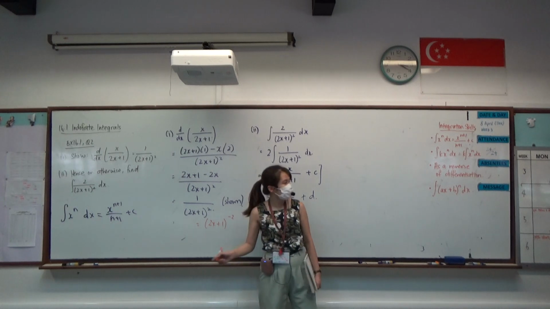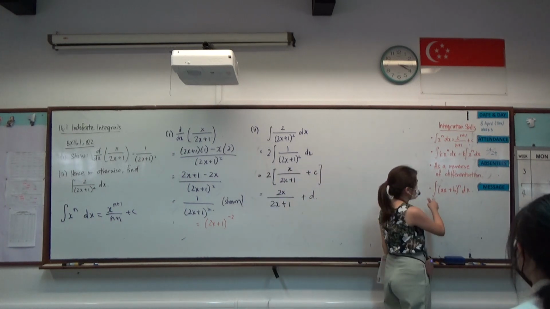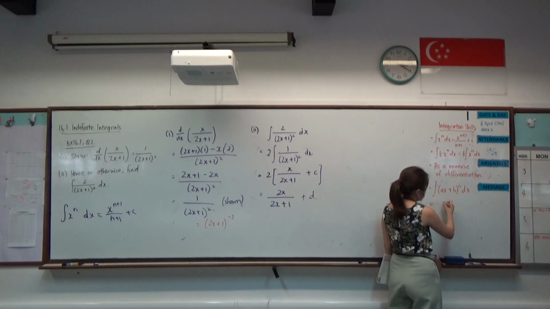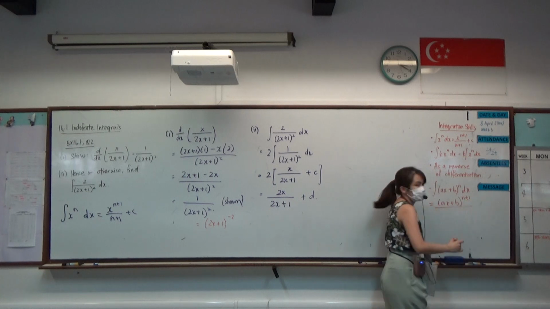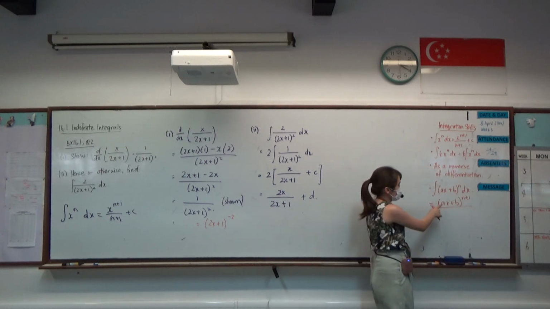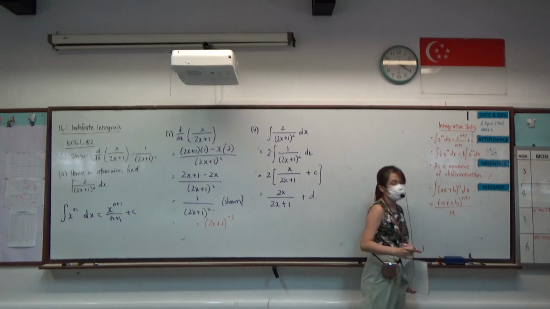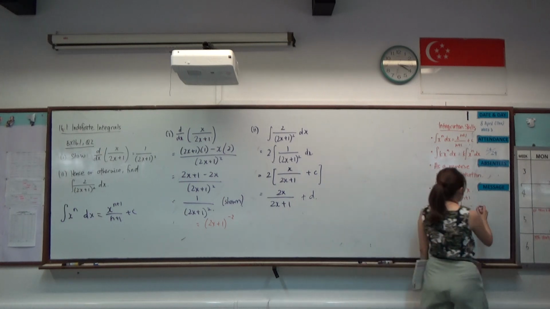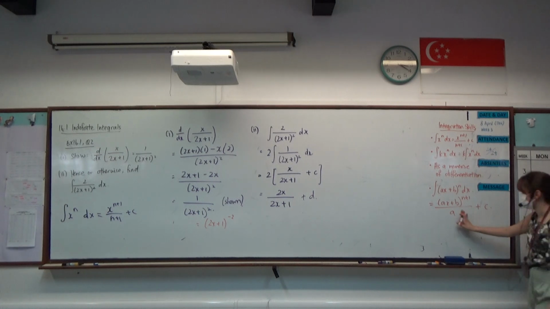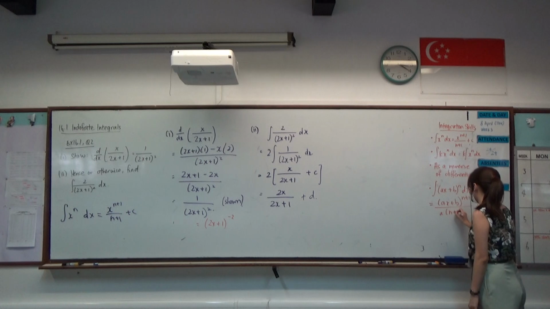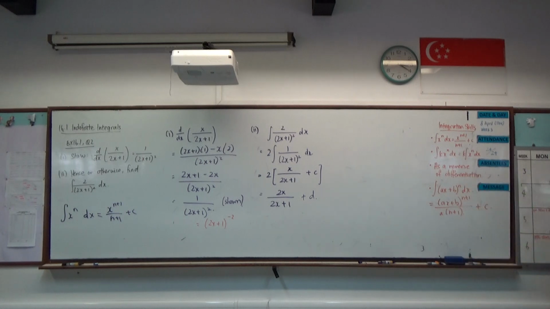There is a rule for this, and that is rather similar to this here. So we have our ax plus b, power always plus 1, bring down the coefficient of x, which is a, then plus c. Sorry, and also n plus 1.